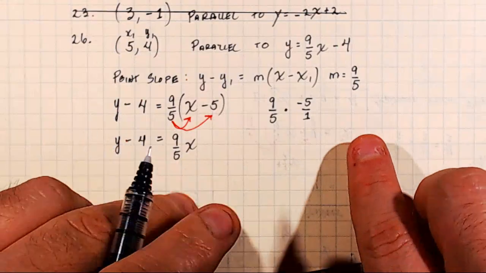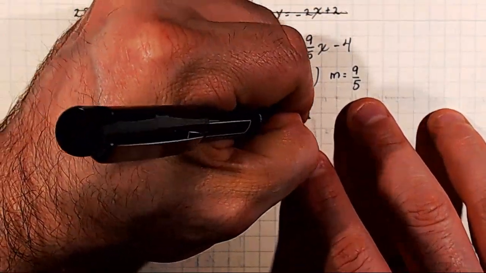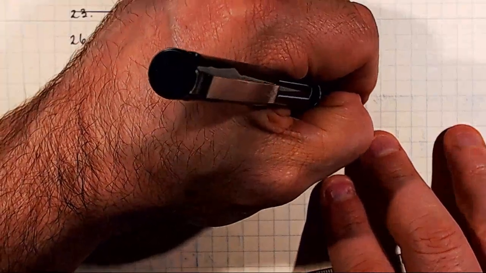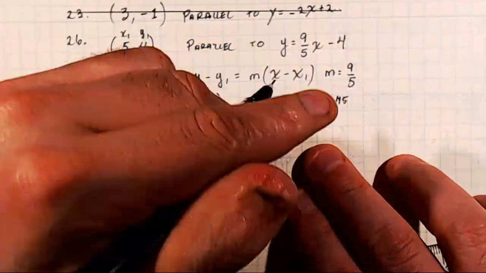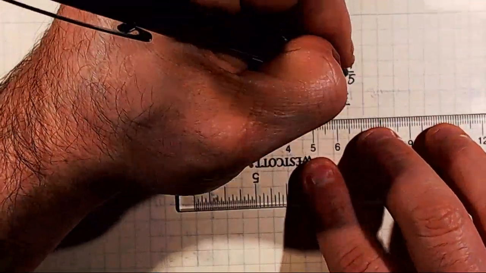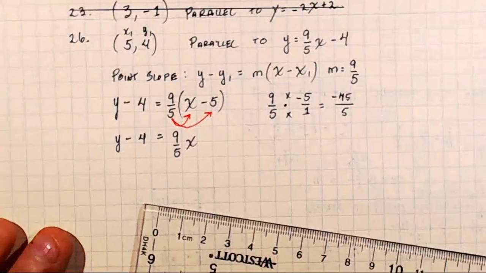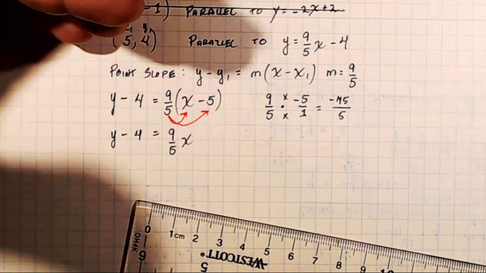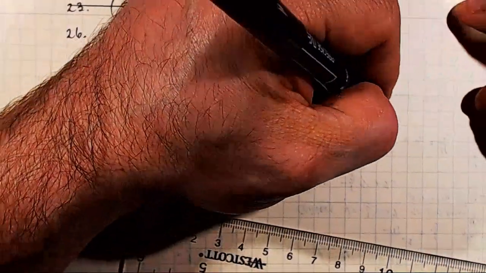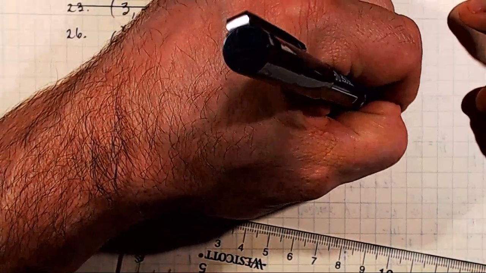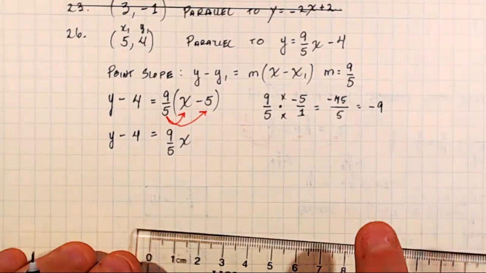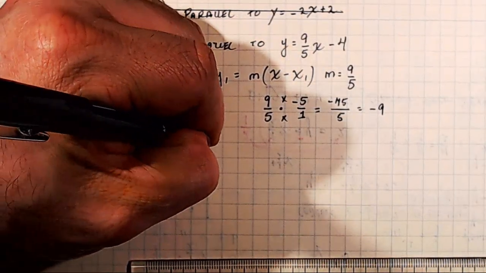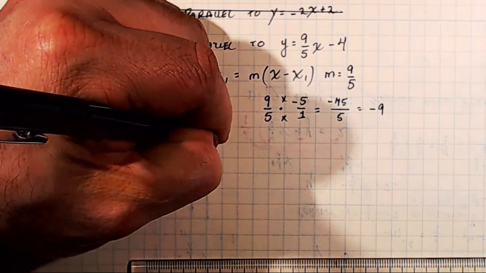Let's make sure we get this right. So multiply the top and multiply the bottom. 9 times negative 5 equals negative 45. And 5 times 1 equals 5. Okay, so I have negative 45/5. And when I divide that out, I actually get a whole number, negative 9. Okay, so what you want to write here is 9/5 x minus 9.